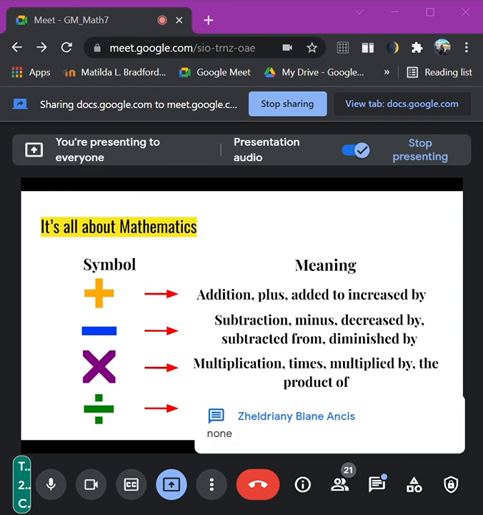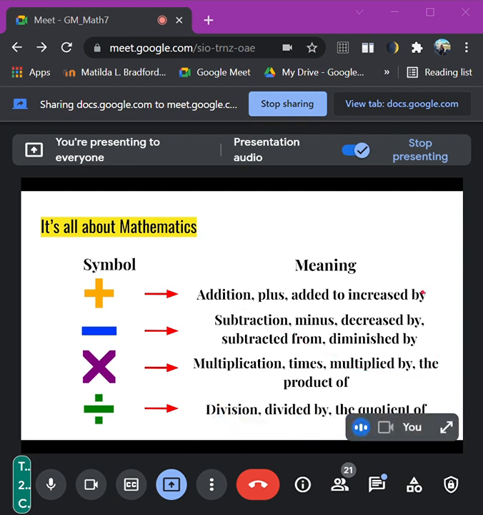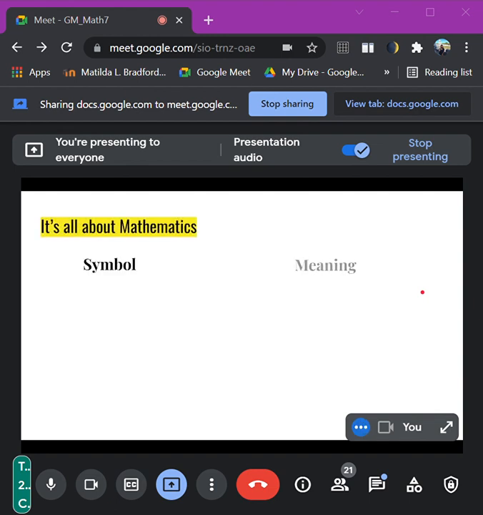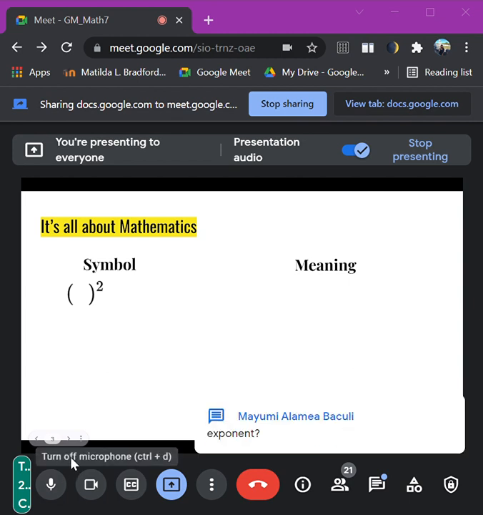Okay, none. So now this time, class, we are going to have the next symbol. So we have here the next one, which is a parenthesis, and then you have there the upper 2. So what do we call this one, class? If there is a number above. This is, very good, exponent.